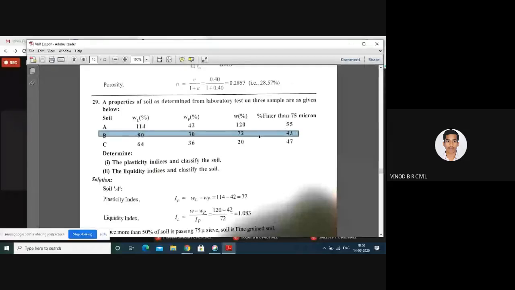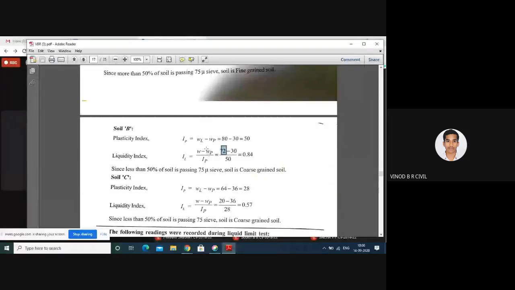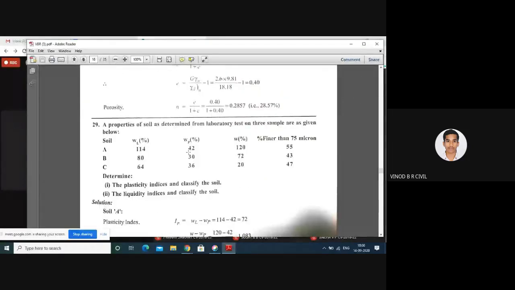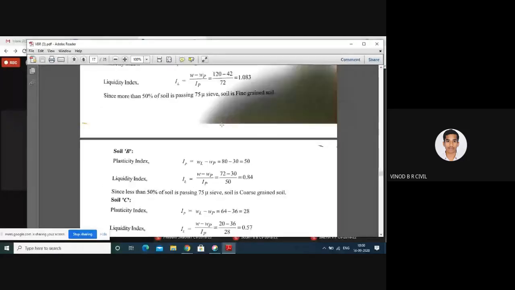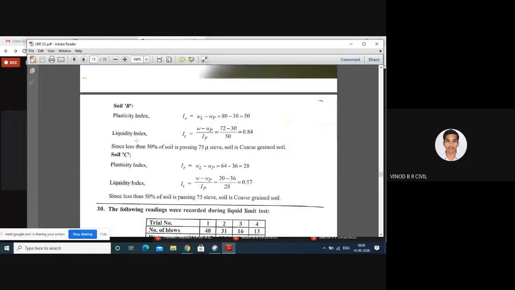Water content is 72. 72 minus plastic limit 30, divided by plasticity index IP, that is 50, which you already calculated for soil B here.